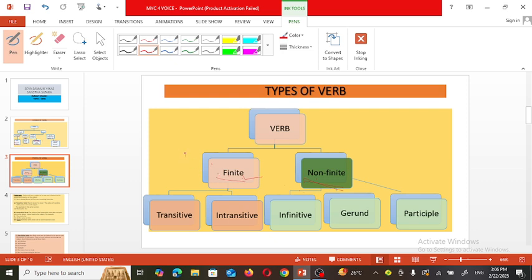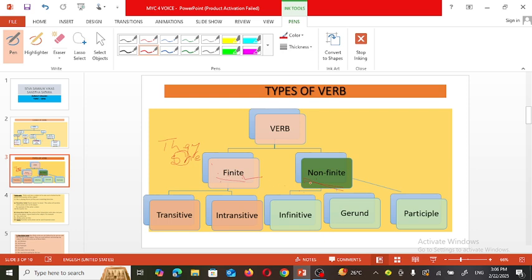Suppose we change that subject, instead of she, we use they. So we have to change that verb: "They are playing tennis." So verb changes due to the number indicated by the subject. "They were watching a movie." So that is a finite verb.